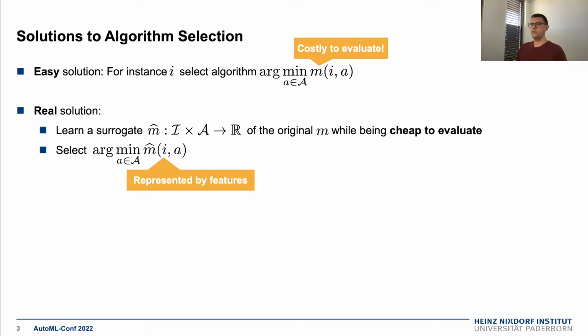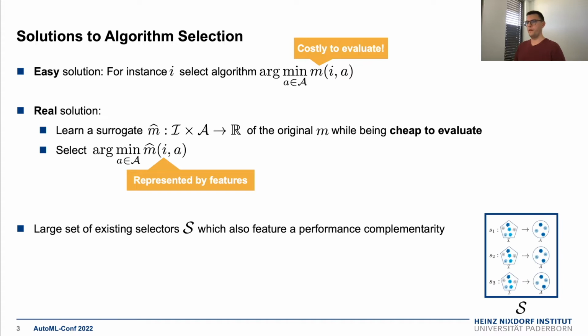And in order to learn such a surrogate, we usually represent the instances by features. These features could be anything. For example, in the case of SAT, it could be the number of clauses or the number of variables. The only property that is extremely important is that it needs to be correlated with the performance of one or potentially all of the algorithms on the instance.